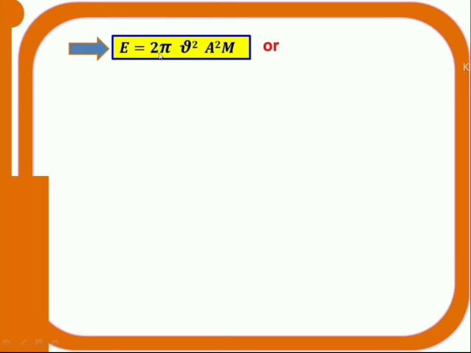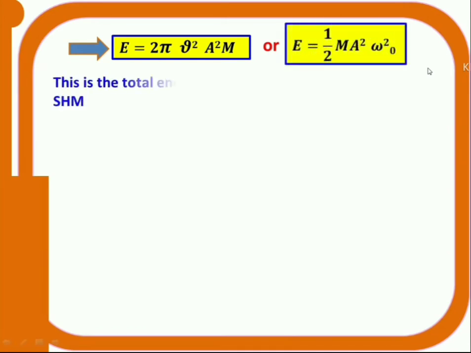That means E is equal to 2 pi square nu square a square m. This is the equation of energy of the oscillator. So you can write E is equal to 2 pi square nu square a square m or half m a square omega naught square. Whichever you write, that is the equation for the energy of the oscillator.